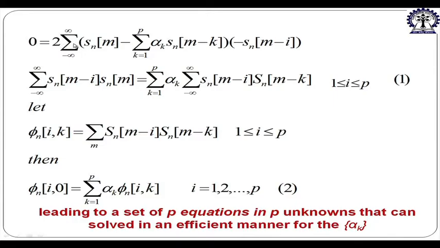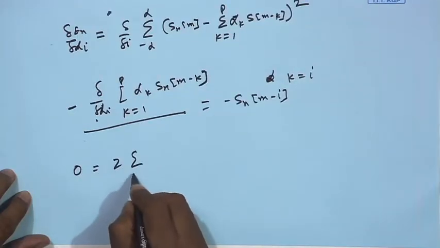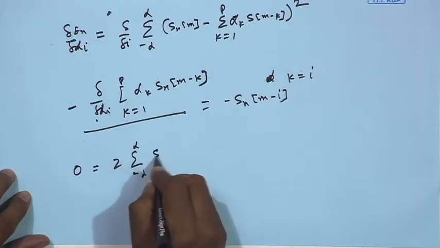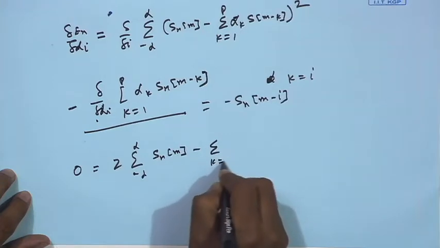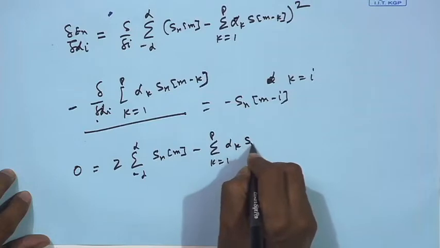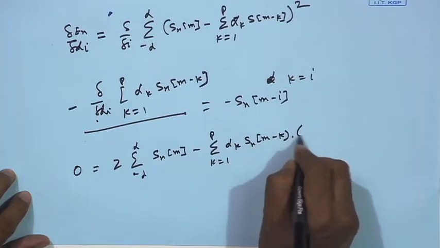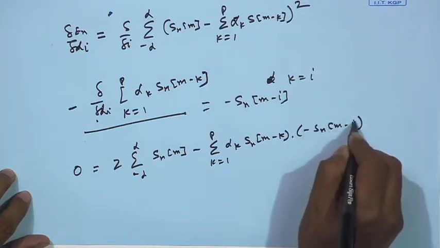So, 0 is equal to 2 times the sum over m from minus infinity to infinity of s n m minus the sum over k equal to 1 to p of alpha k s of n m minus k, into minus s n m minus i.